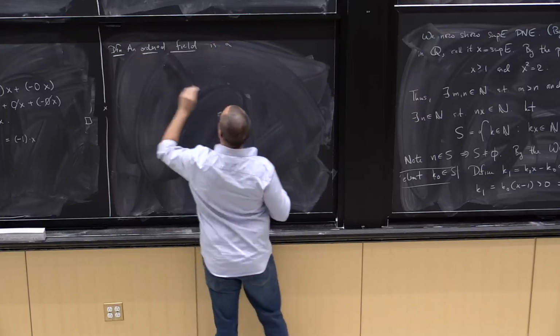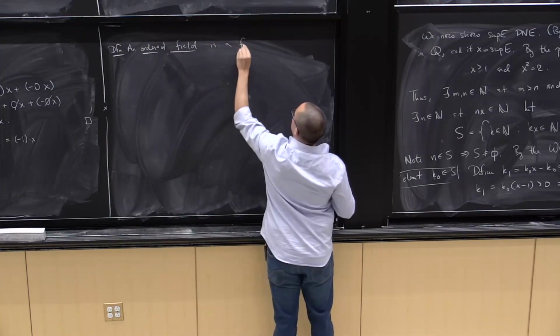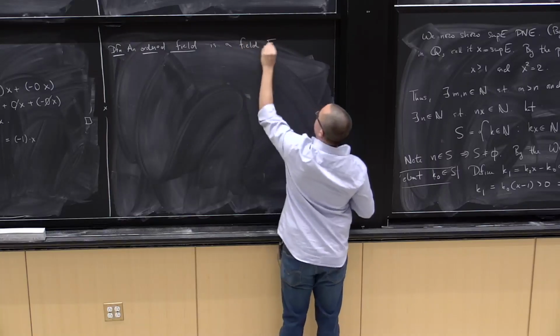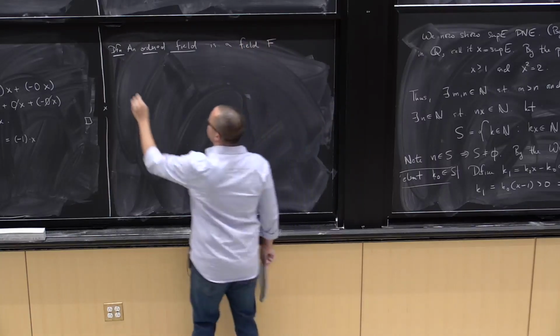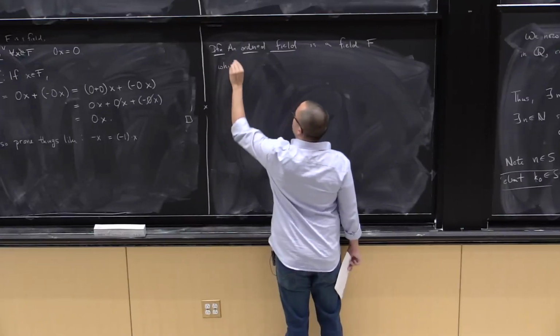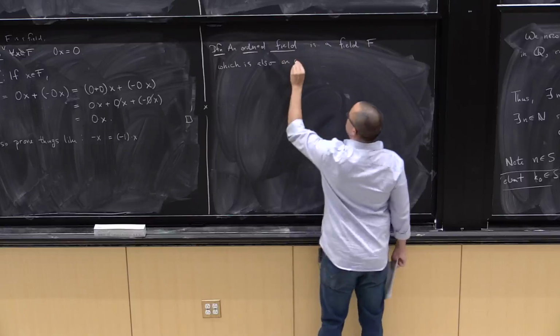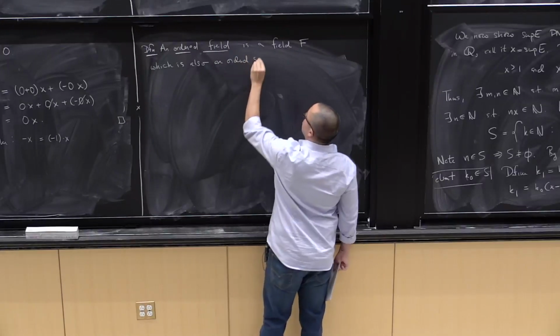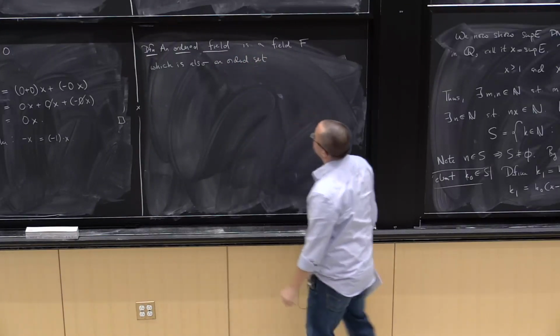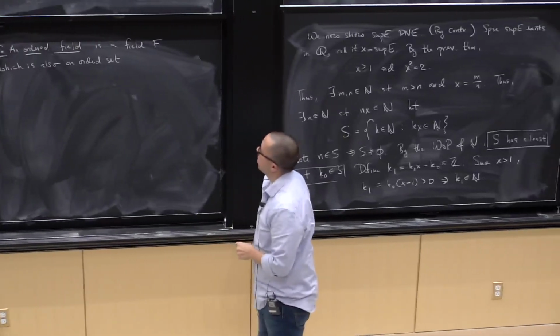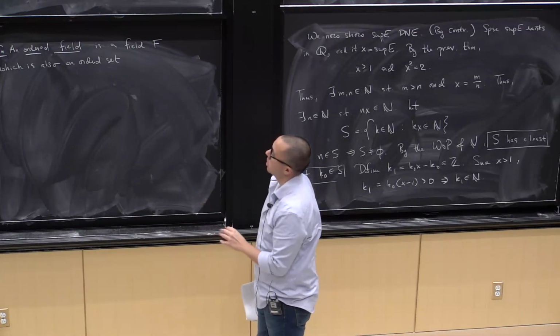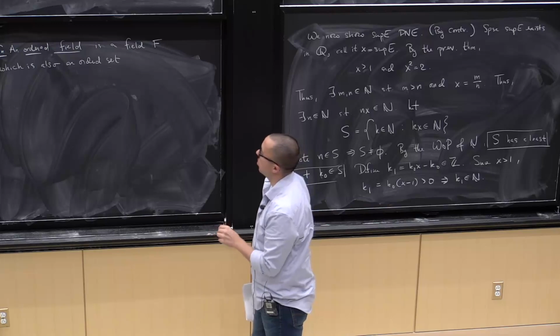So it's a field first off, and which is also an ordered set, but you can't have two different structures on your field and them not interact for that to be interesting.